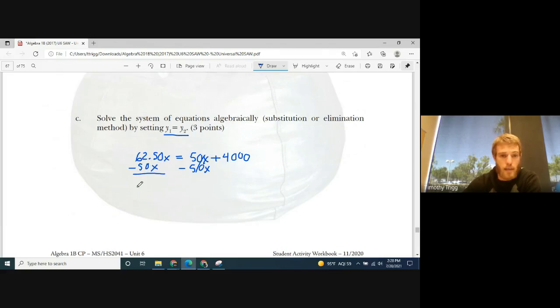So over here, now we get 12.50x equals 4,000. Then to get x by itself, we divide by 12.50.